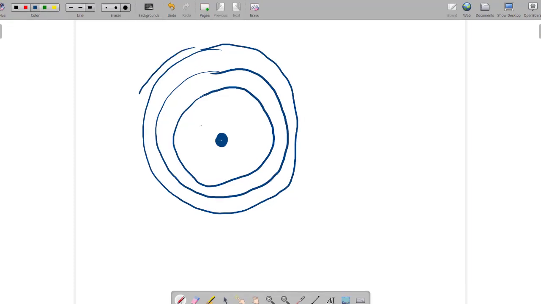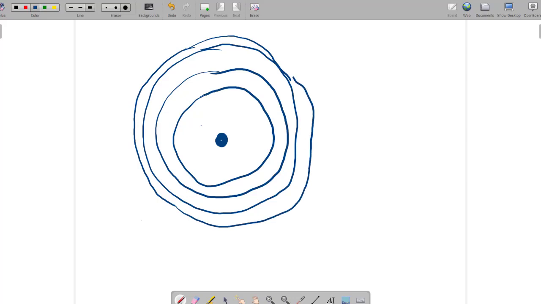Around the nucleus, we have four energy levels, four atomic shells, right? Each level has a specific maximum number of electrons that it can bear. So what are those numbers?